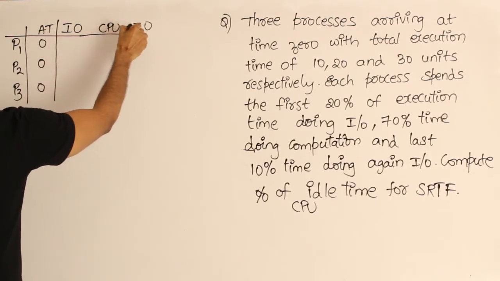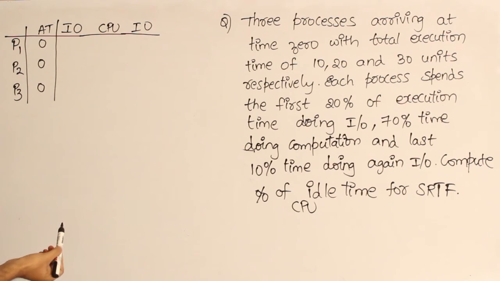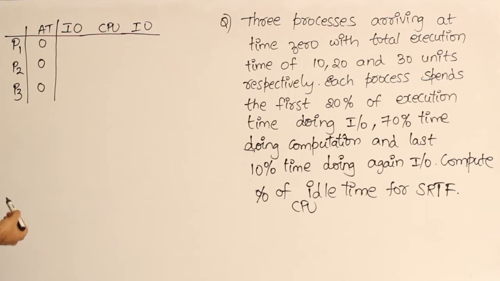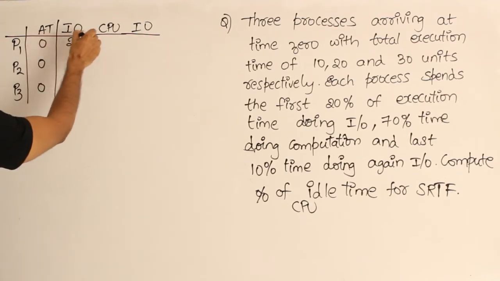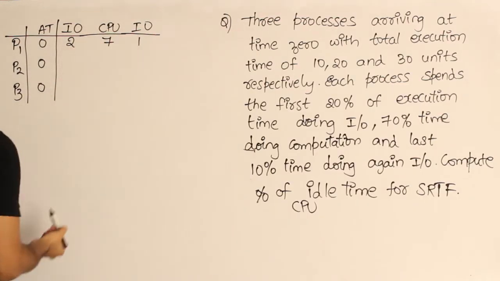This is the total execution time, right? And the first one, P1, requires 10 units of time, out of which 20% is IO, which means 2 units, and then 70% is CPU, which means 7, and then 10% is IO, which means 1.